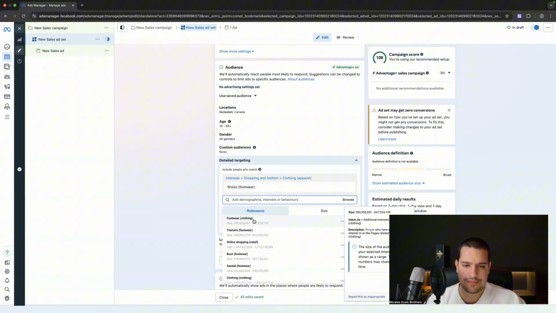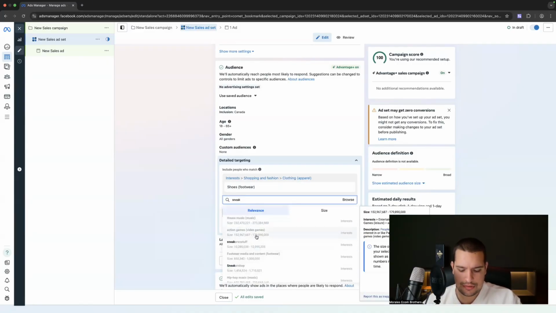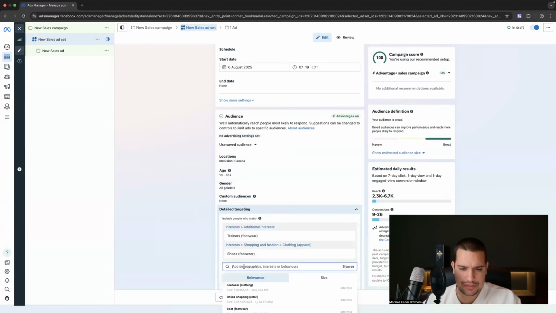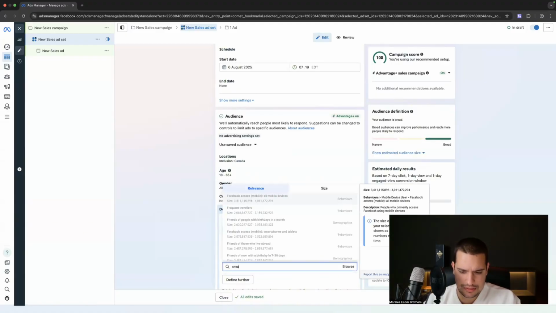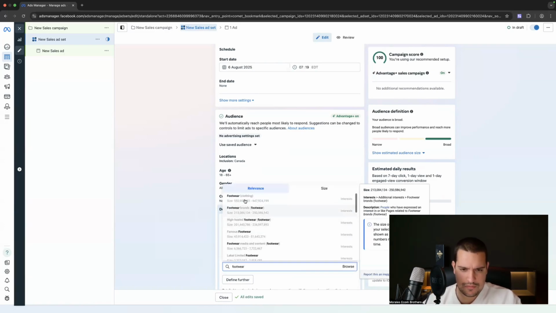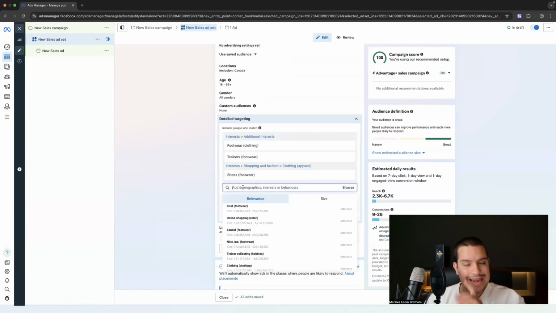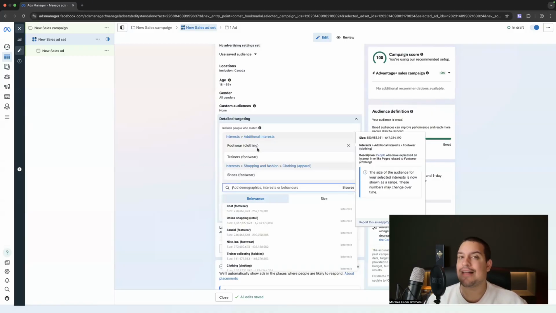Let's say we have something like trainers, sneakers, footwear. And normally, I never stack more than 3 to 5 interests together, and they need to make sense at the beginning.